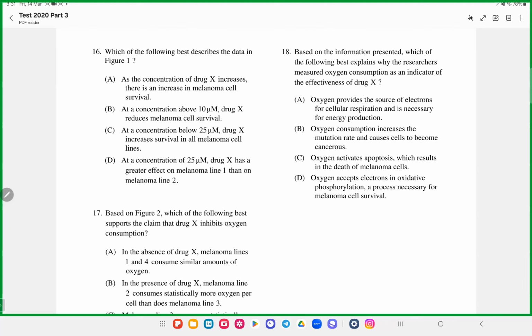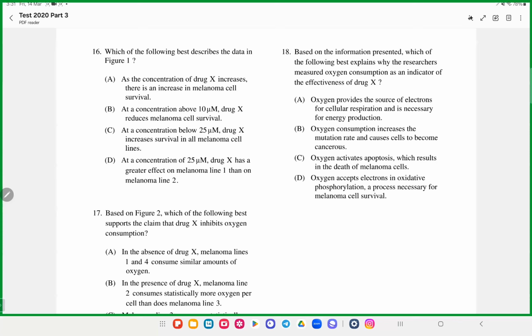Okay, question 17. Based on figure 2, which of the following best supports the claim that drug X inhibits oxygen consumption? Guys, do cells need oxygen? Probably do, right? So, if drug X inhibits oxygen consumption, then they should be dying more. Correct? Are they dying in C?